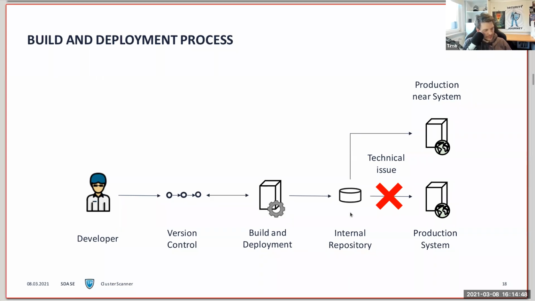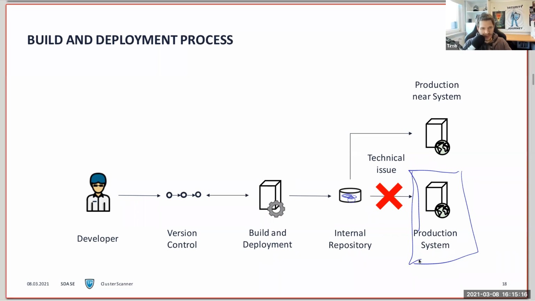But when the security scan is performed on something that should be in production here, but actually isn't, then my information is not correct. So I want to focus on the system which has the production data. And only what is deployed there matters for me.